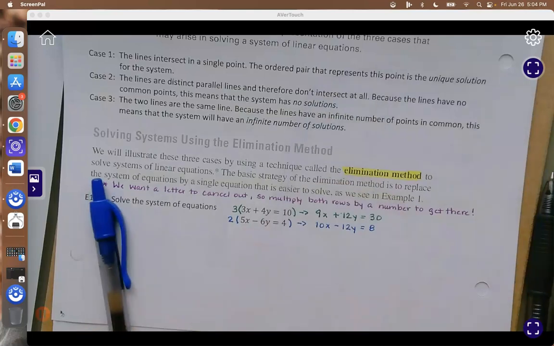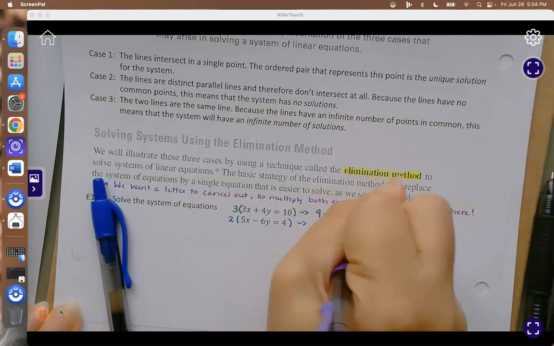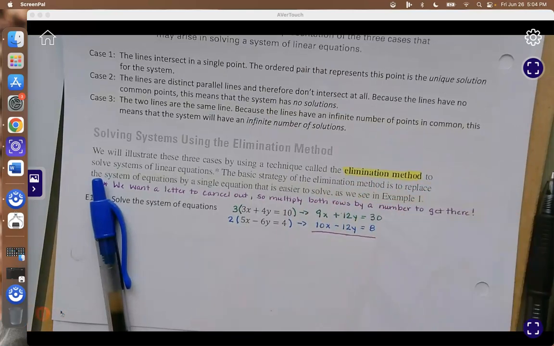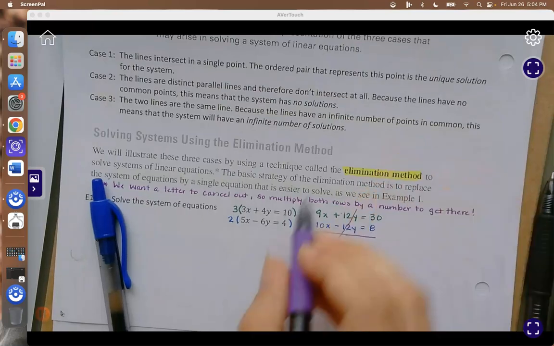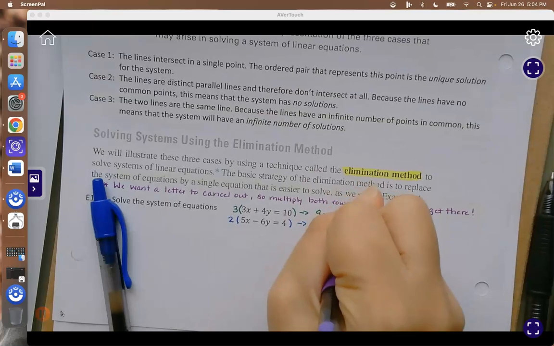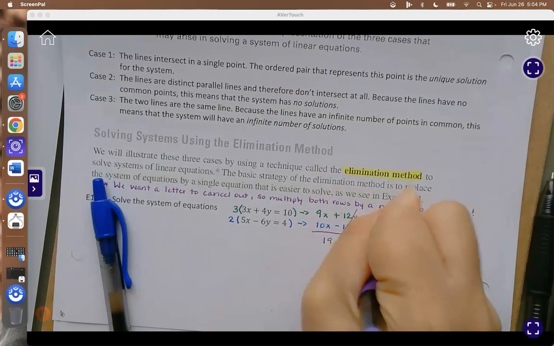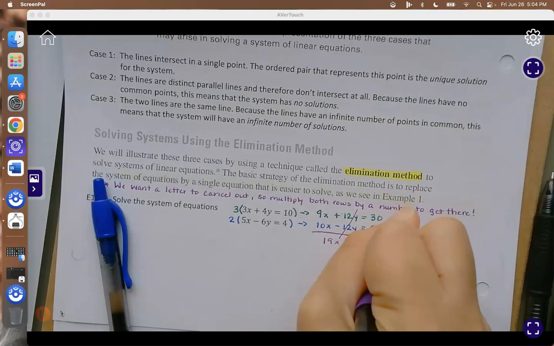Now, if we line these up like we're going to old school add them, the y's will go away. This will become 19x equals 38. So x will be 2.